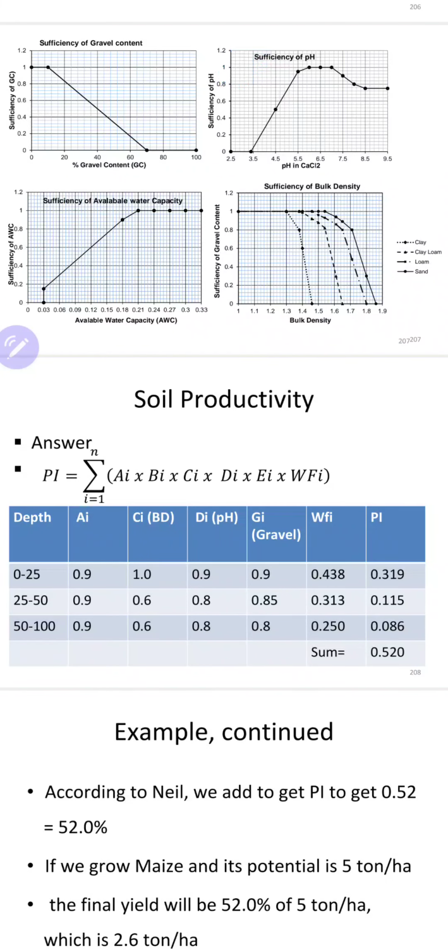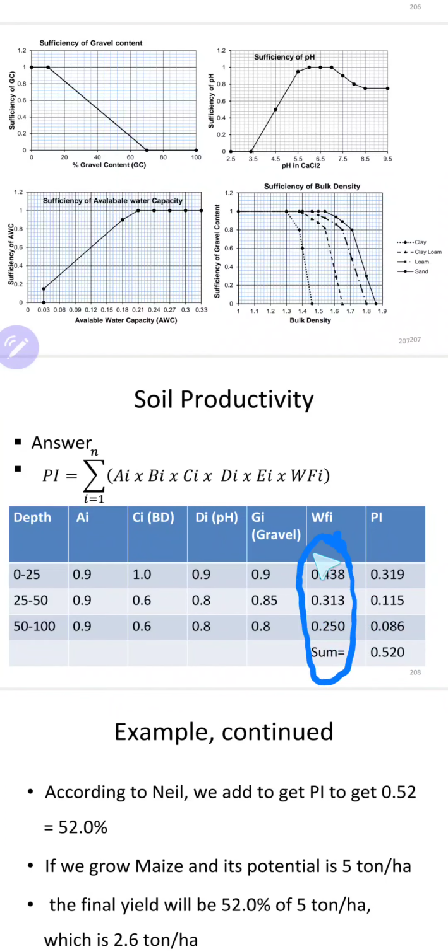First of all, you can start by finding the root weighting factor, using that formula. Here the maximum is 100, and this is from 0 up to 100.